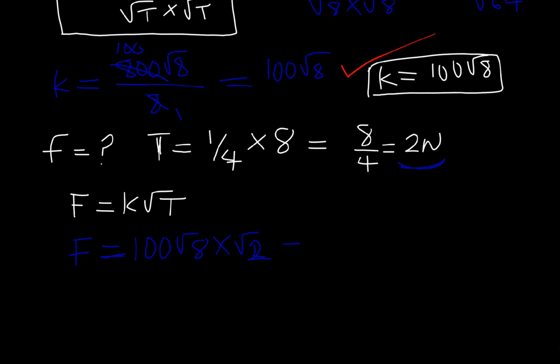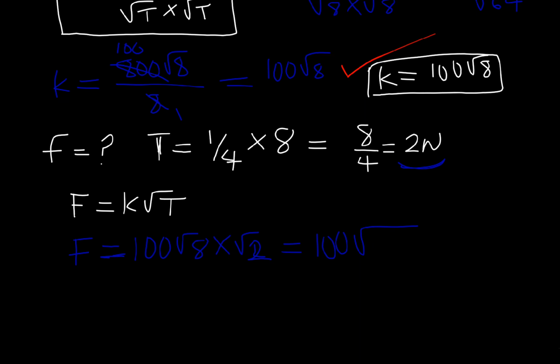And so we could write this as 100 root, since square root of 8 and square root of 2 are both under square root. We could multiply both of them and put them under a single square root.